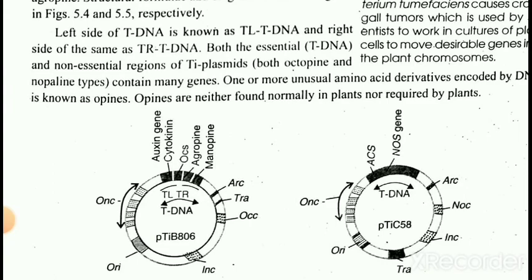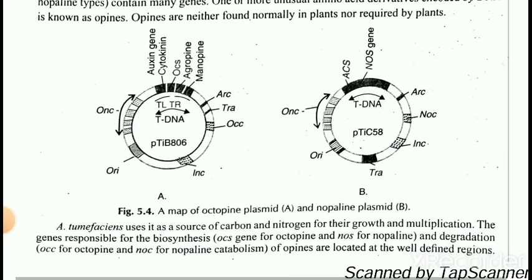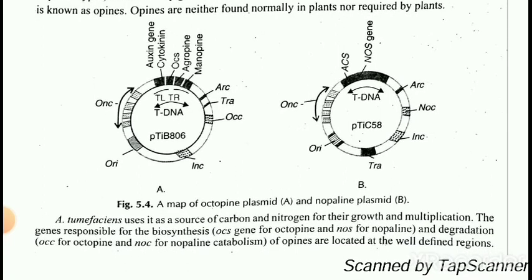Both the essential T-DNA and non-essential regions of Ti plasmids, both octopine and nopaline types, contain many genes. One or more unusual amino acid derivatives encoded by T-DNA are known as opines. Opines are neither found normally in plants nor required by plants. See the figure. Figure 5.4.